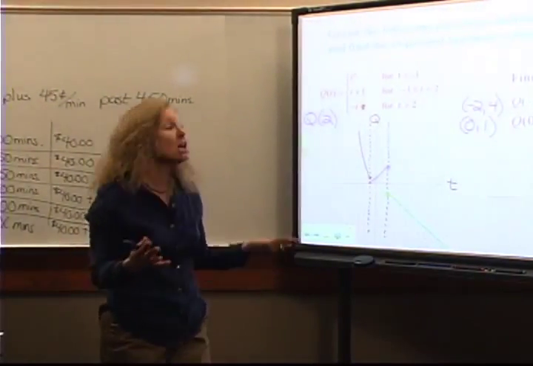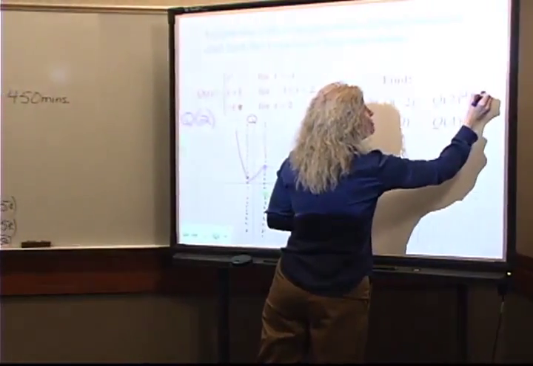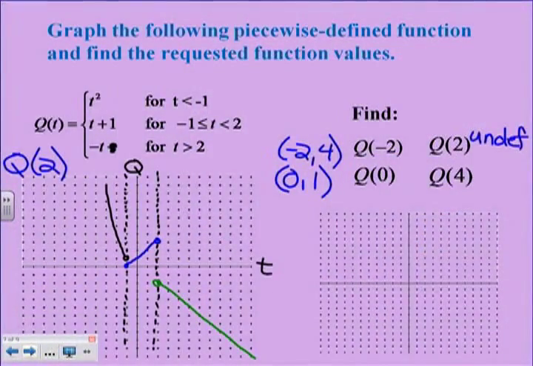It's not going to work. So I would just have to say it's undefined. And if I wanted to, I could expound upon that and say, hey, 2 is not in the domain of q, so I can't give you any function value. It's not possible. It doesn't exist there. Okay, we can do that. Now, how about q of 4?